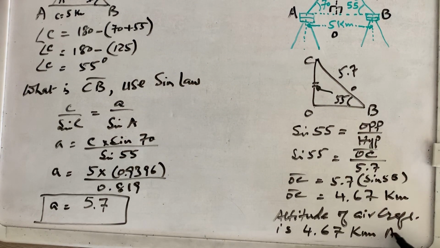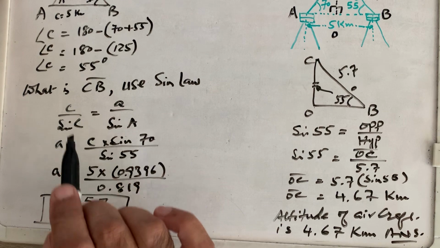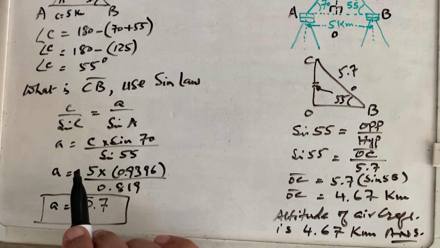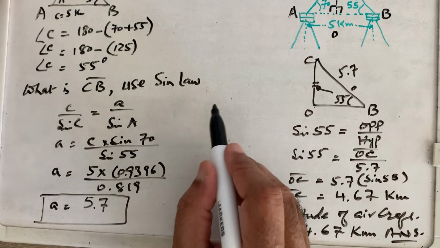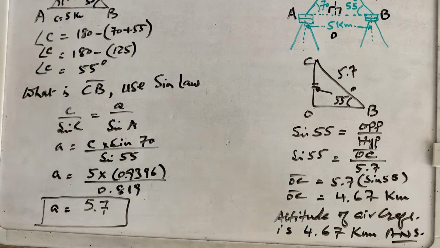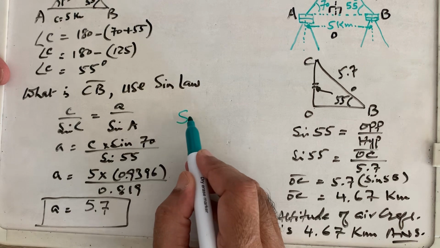This is my answer. So in this example, we used the sine law, and with the help of the sine law, we found the side. And once we know the side, we can use the trigonometric ratio. For your review, a quick review: all trigonometric ratios are SOHCAHTOA. What is sine?